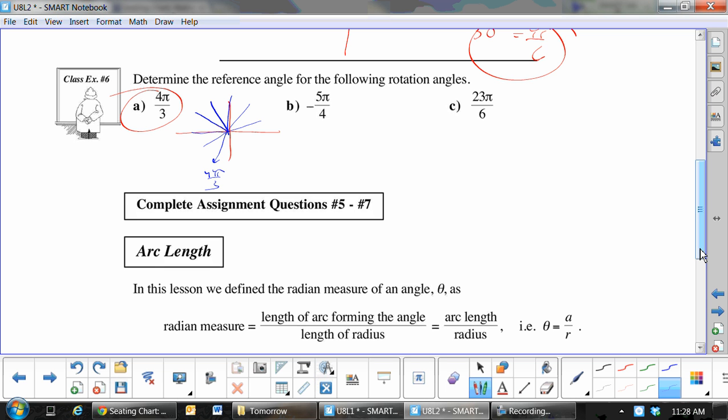Okay, now, what would you say this reference is? How many pi over 3s is that? Oh, we should actually say, how many pi over 6s? 2 pi over 6, right? There's 2 pi over 6s, which is pi over 3. At this stage, I will not go to the pi over 3 right away. I would lose half my class at this point.